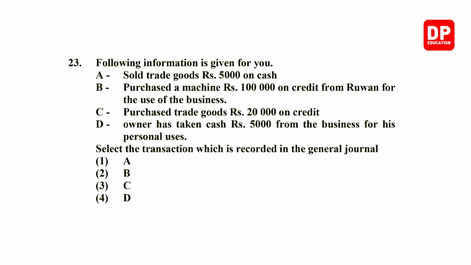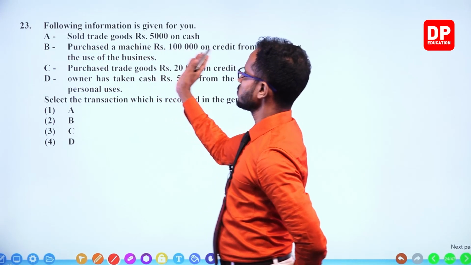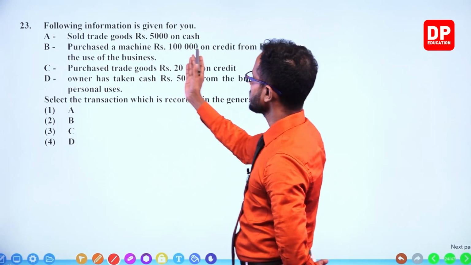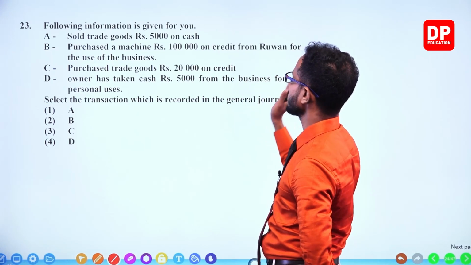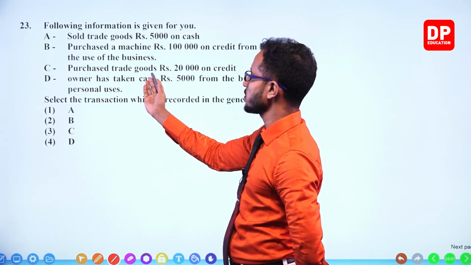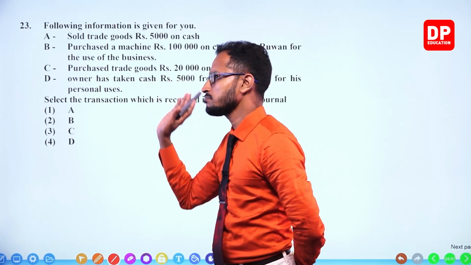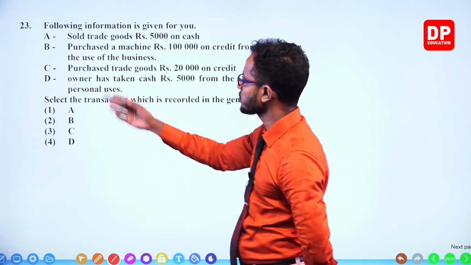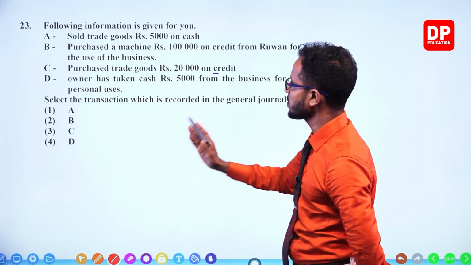Next question. Following information is given for you. Sold trade goods 5,000 on cash. Purchased a machine 100,000 on credit. Purchased trading goods, yeah, it's a credit purchase. Purchase trading goods, 20,000 on credit.